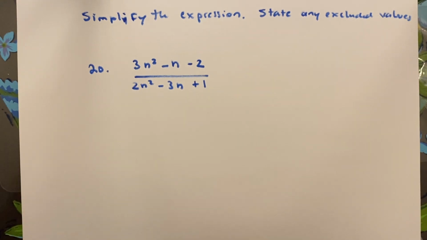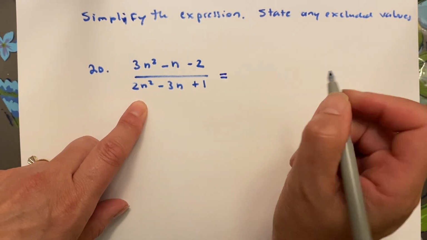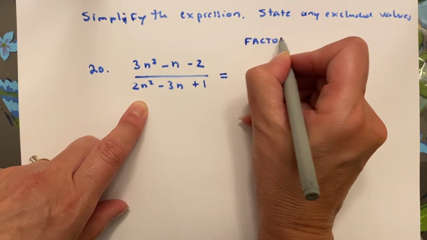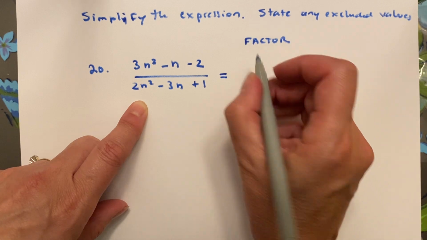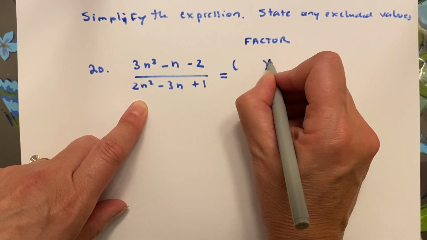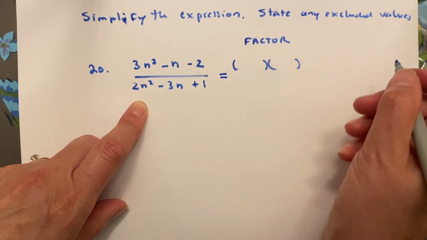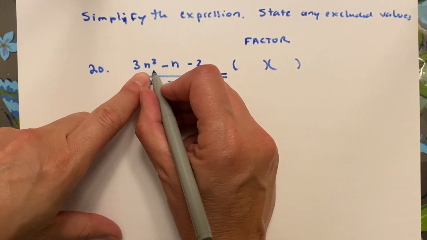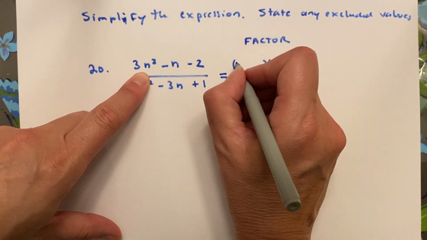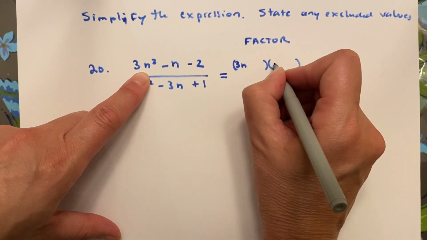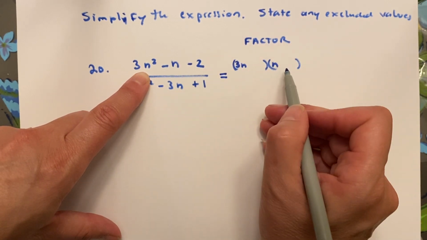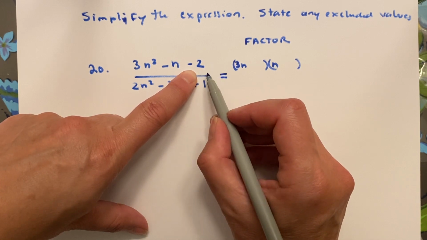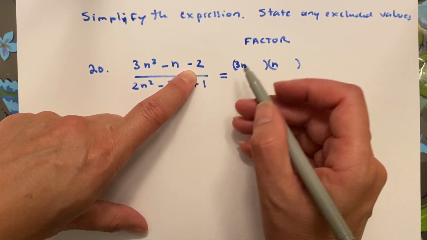Well, our first step when we simplify is to factor. So I'm just going to put that step up here as a reminder. We're going to factor top and bottom, hoping that we can do that, and then we can reduce. To factor 3n squared minus n minus 2, 3n, n, and unfortunately we're limited. 2 is either negative 2, positive 1, or positive 2, negative 1.